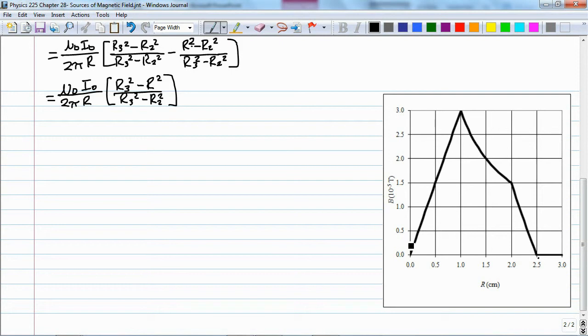So you notice that the first section is linear. The second section dies out by 1 over r. Third section is linear in the negative direction, and the fourth segment is 0 because there's no magnetic field outside of the coaxial cable.